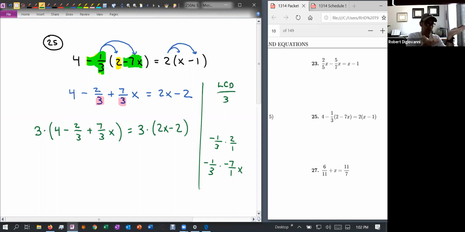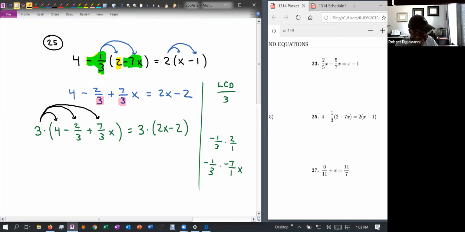If we want to keep an equation balanced, whatever you do to one side, you have to do the other. So if I multiply one side by 3, I have to multiply the other side by 3. But it has the unique result that it's going to get rid of our fractions. So it's going to turn out to be great for us, unless you like fractions, which I'm going to bet most of you don't.